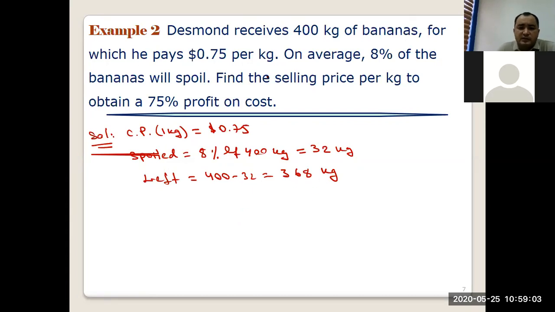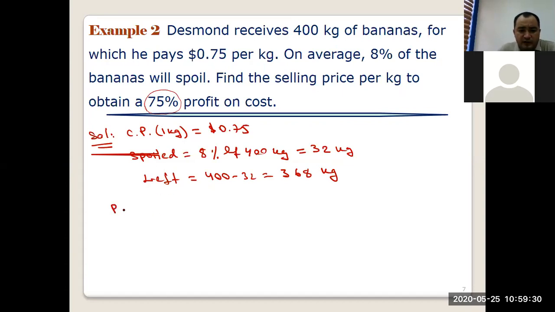Now it says to find the selling price per kg to obtain a 75% profit on cost. Now we are going to make 75% on cost. What is the cost of the bananas? Total cost is actually 400 times 0.75, right? And we are going to make this much profit.